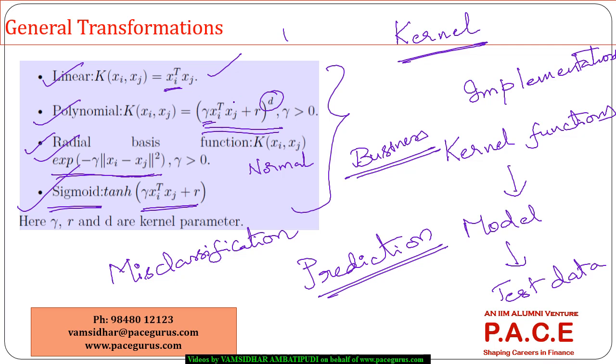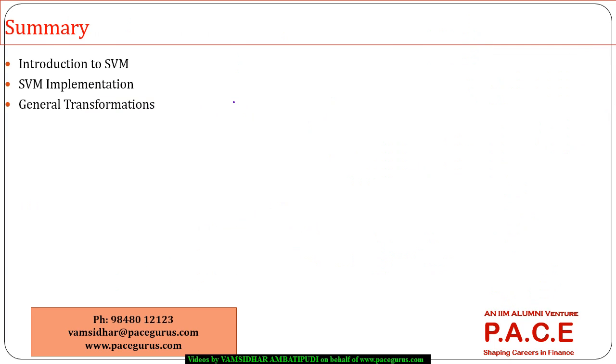What is the accuracy of the model with respect to the test data? Whichever transformation has resulted in higher accuracy or a lower misclassification rate on the test data would be the choice for our future prediction purposes. That should be the business understanding of support vector machines and the various kernels used, for business interpretation purposes.